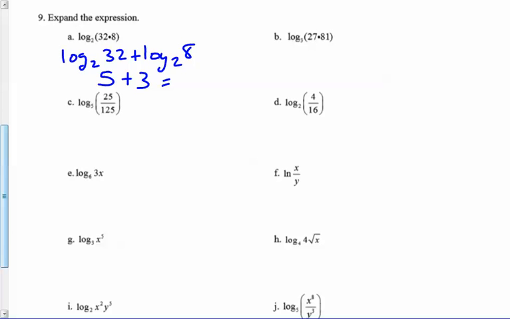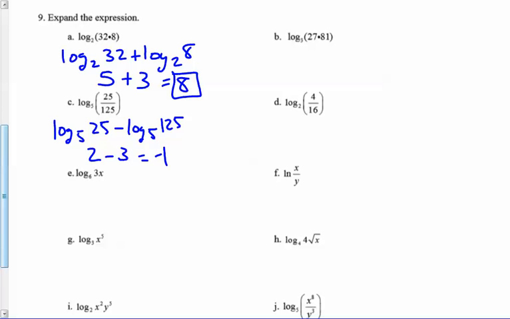So whenever you can evaluate, you should evaluate. All right, but that's multiplication. Division becomes subtraction. Log base 5 of 25 minus log base 5 of 125. Well, that gives me 2 minus 3, which is negative 1.